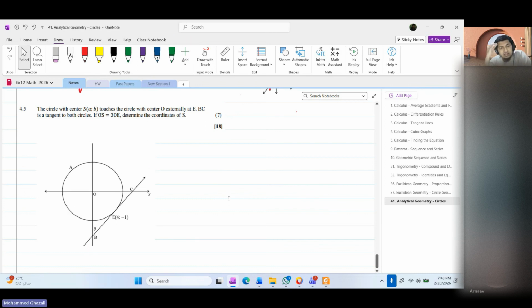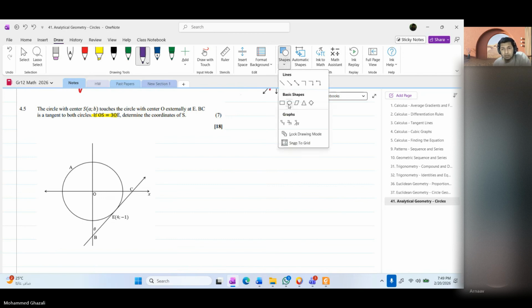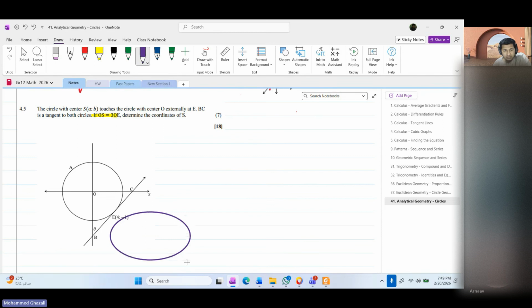The circle with center S touches the circle with center O externally at E. BC is a tangent to both circles. If OS is equal to 3 times OE, determine the coordinates of S. So they're talking about this circle over here, right?